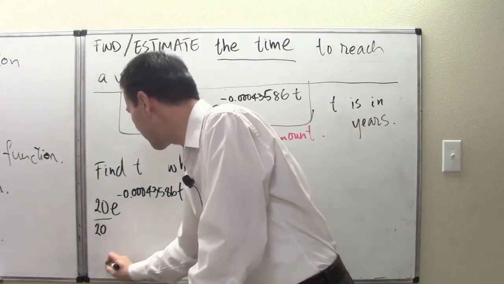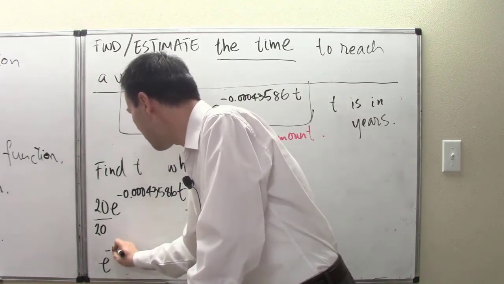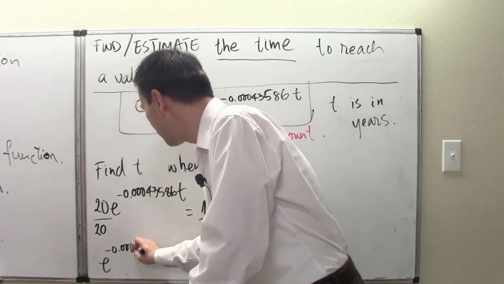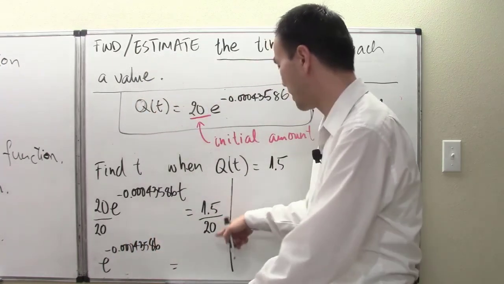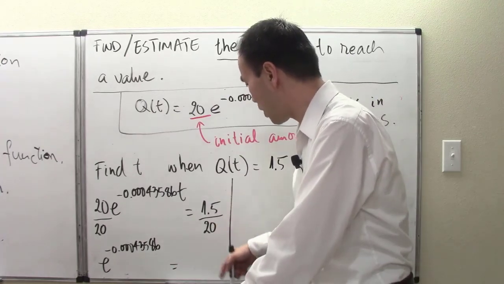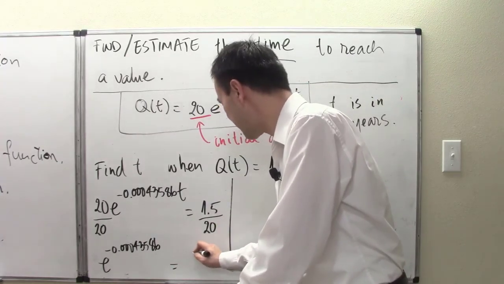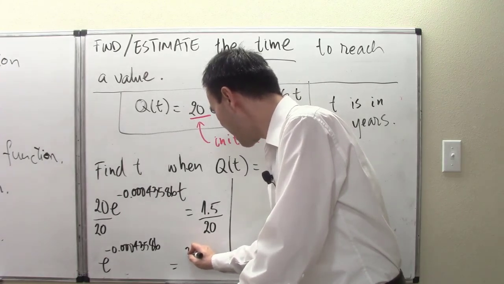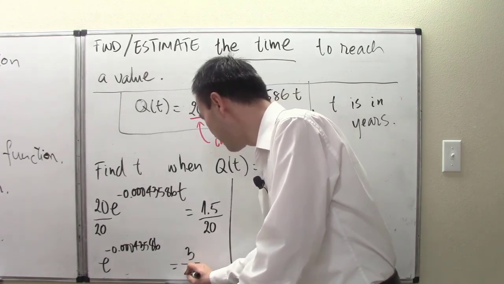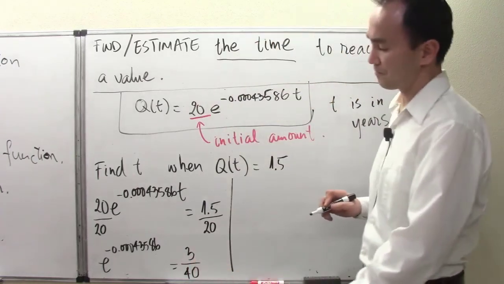And so now we're looking at e to the minus 0.0043586 t equals 1.5 over 20. We can leave it like that, or in fraction, this is 3 over 40.